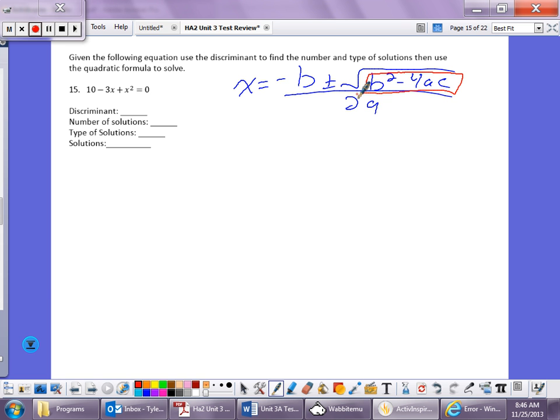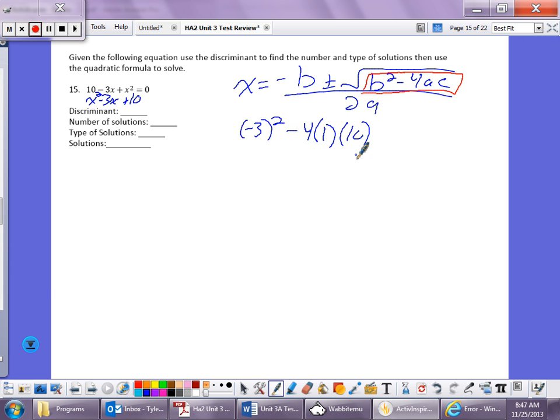That's the discriminant. So for this problem, first I would actually rewrite this as x squared minus 3x plus 10. So it's in the ax squared plus bx plus c form. All right, so it would be b squared, so negative 3 squared, minus 4 times a times c.